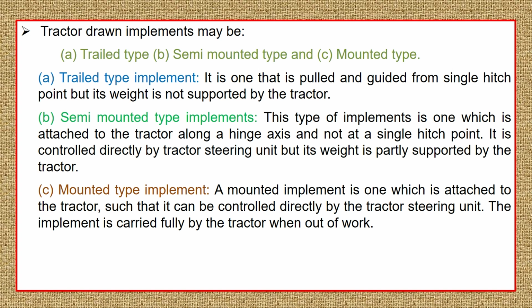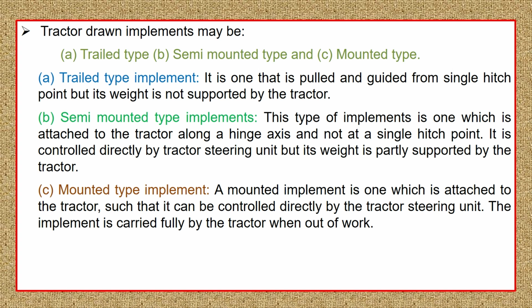In India, most of the farm implements and agricultural machines, particularly those attached to tractors, are mounted type implements only. It may be an MB plow, a disc plow, a chisel plow, a subsoiler, or harrows, particularly the offset harrow and tandem disc harrow, and then the rotavator.